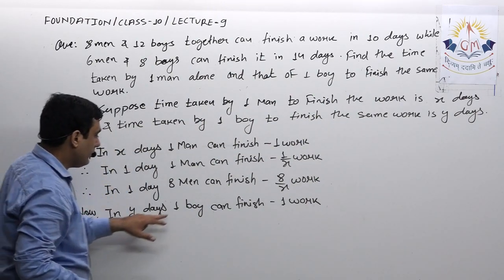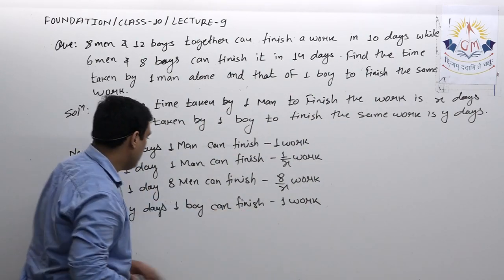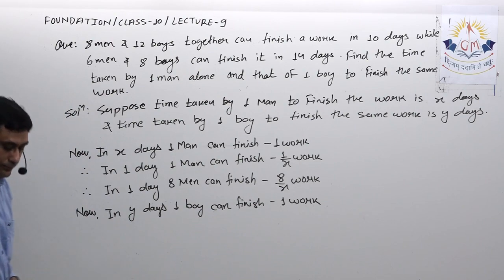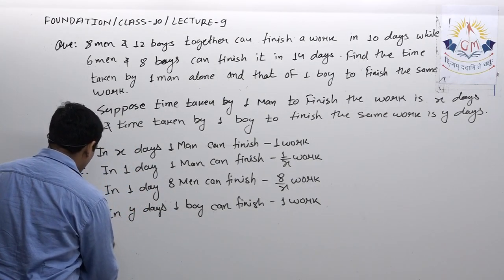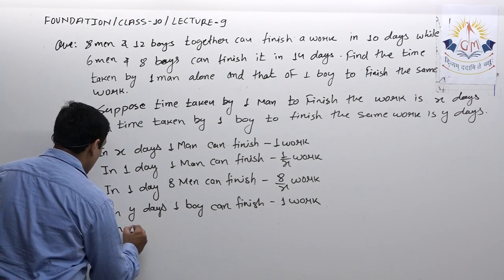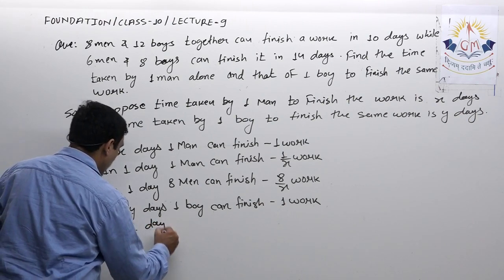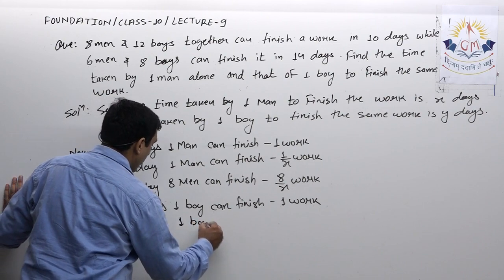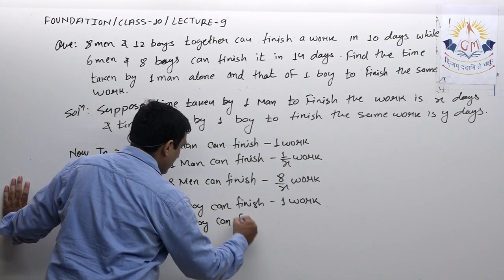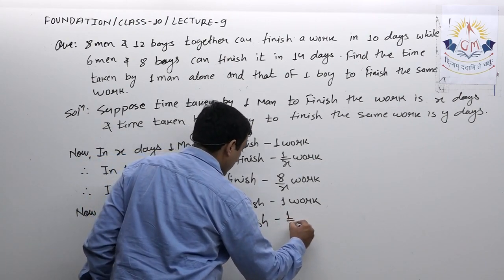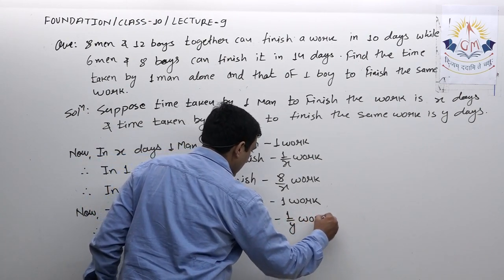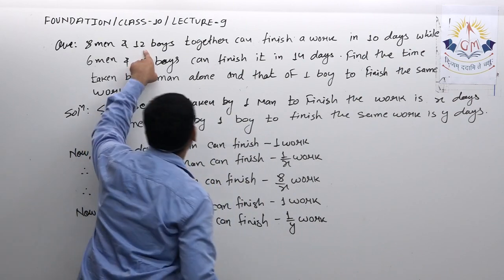So in y days, one boy can finish one work. Therefore I can write in one day one boy can finish 1 upon y work.